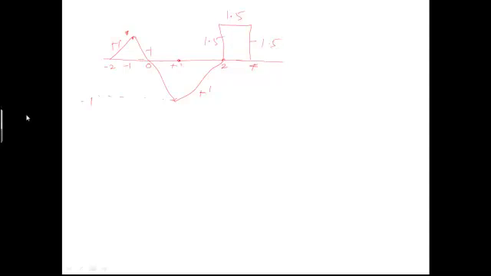Now let us try to write the expression for this. As I told you, we are starting from the negative side and will move towards the positive side. So at minus 2 the first signal starts, and it's a ramp signal with slope 1. So you will write it as r of t plus 2. And at time t equal to 1, you find a slope change.